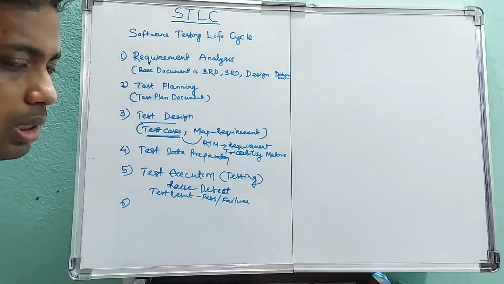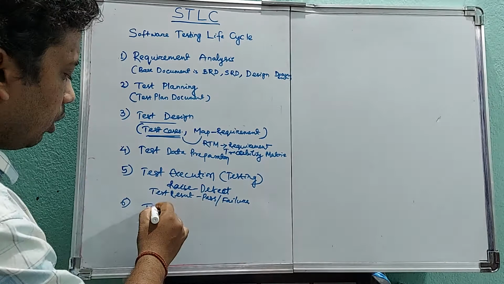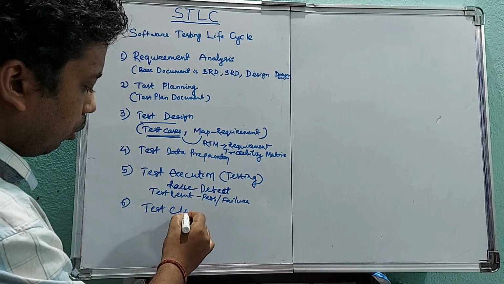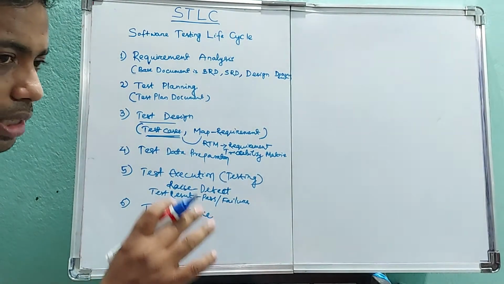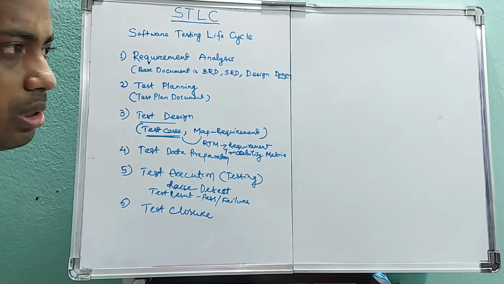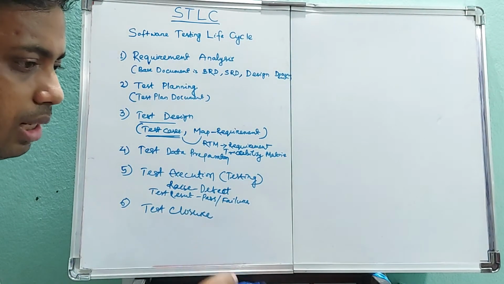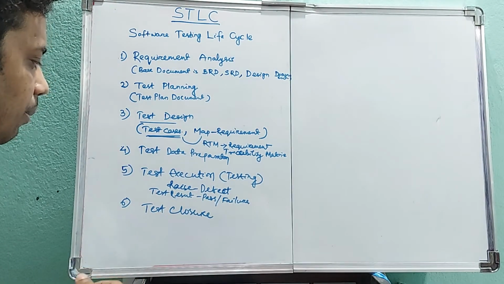Once the execution is completed, testing is closed by a test closure report, where we will produce a report saying these are the requirements, these are the test cases, and this is the execution status, and as per the status all test cases got passed, so the application is ready for deployment.